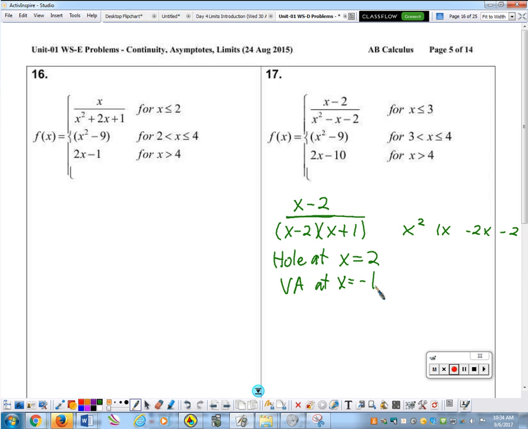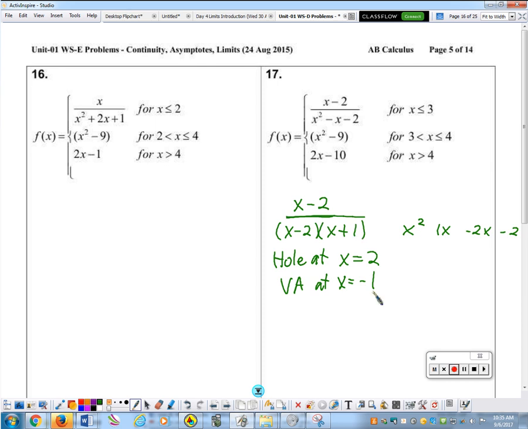So you can't use whatever causes the hole? Right. Keep the hole and the vertical asymptote separate. Look for the hole first, so it doesn't cause both. These matching factors cause the hole, so I always look for those pairs first. The remaining factor causes the vertical asymptote.